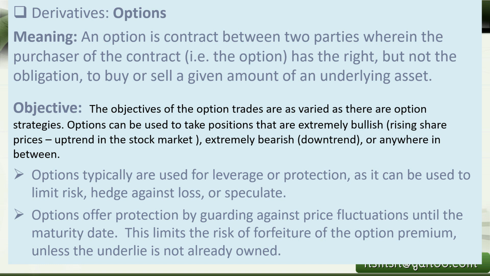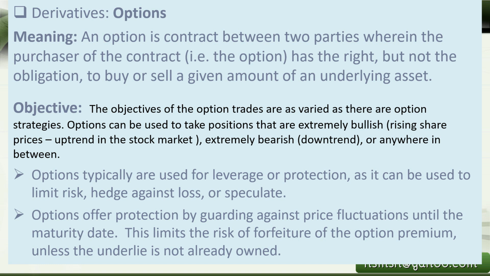Now we are going to talk about options. What is the meaning of options? An option is a contract between two parties wherein the purchaser of the contract, that is the option holder, has the right but not the obligation. That is very important.